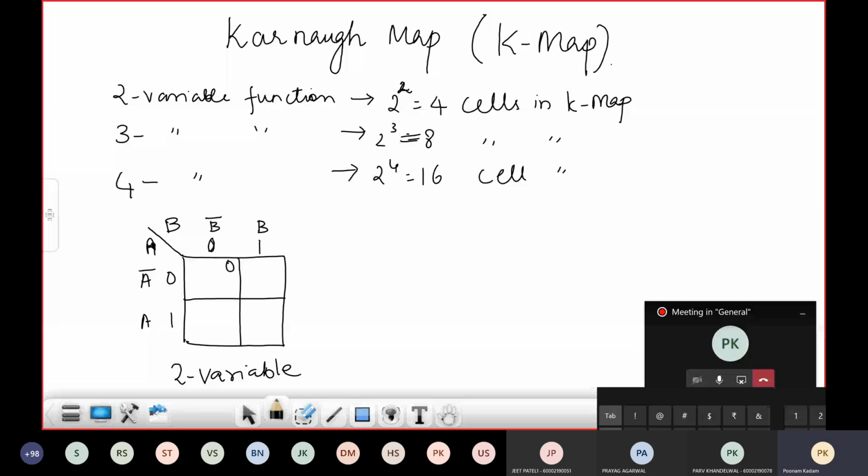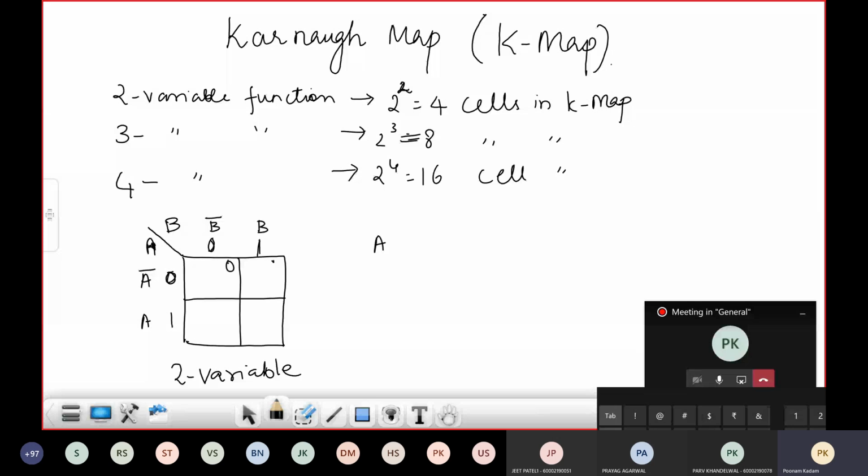Now you tell me which min term this second cell corresponds to, the cell horizontally next to the first cell. It is 0, 1, not 1, 0. I said that because A is the MSB.